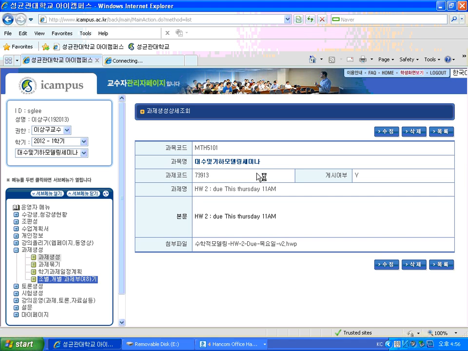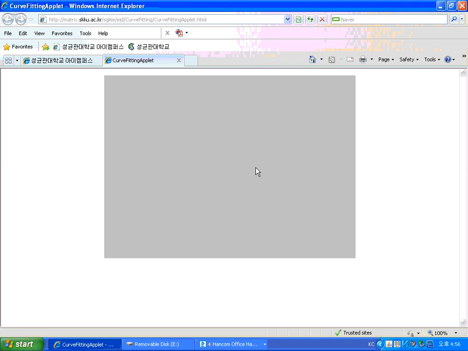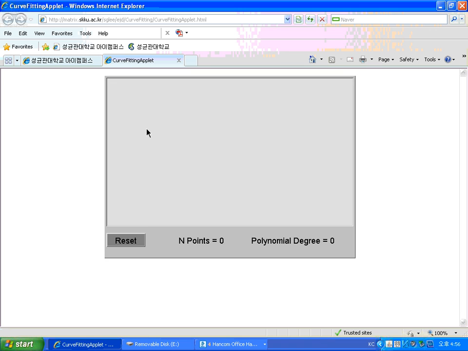If we go to a website here, then we can give certain points. Suppose we give 2 points, then this is the least squares polynomial that passes through these 2 points. Suppose we give 3 points, then this is the Lagrange interpolation which was obtained by the algorithm that I showed you.